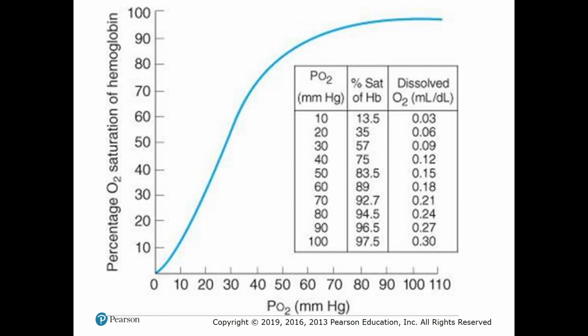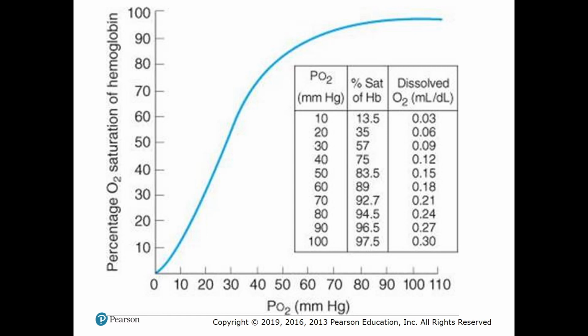So this graph is the oxygen hemoglobin saturation curve, or oxygen hemoglobin dissociation curve. It's a graph that relates the saturation of hemoglobin to the partial pressure of oxygen. The binding and dissociation of oxygen to hemoglobin is a typical reversible reaction. At equilibrium, oxygen molecules bind to heme at the same rate that other oxygen molecules are being released.